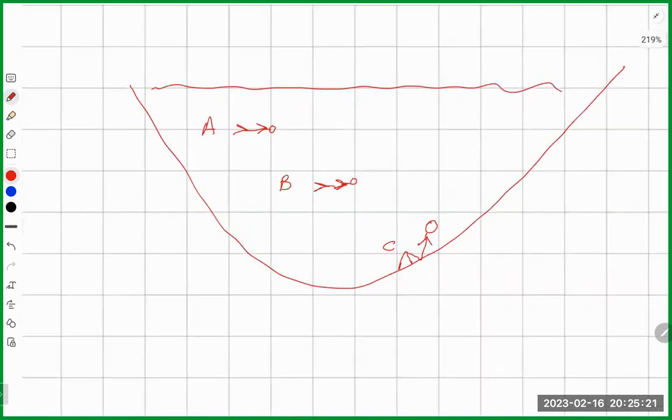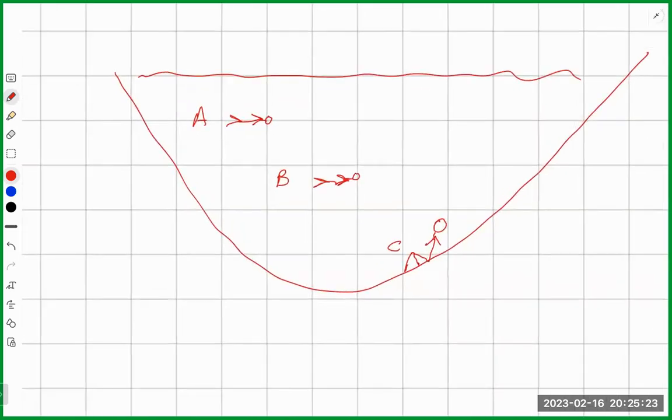Which one will have more pressure because of the fluid? C. So apparently, it looks like if we are thinking of height of the point, then A should be the highest one.